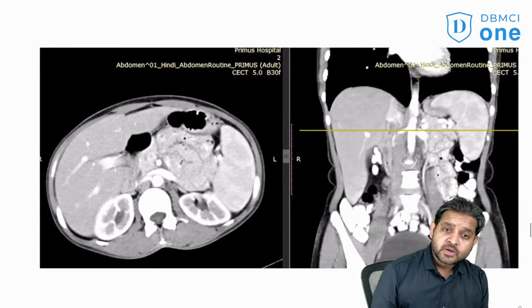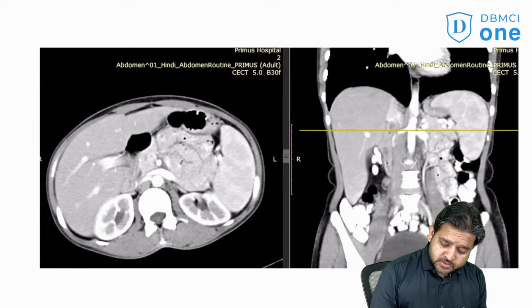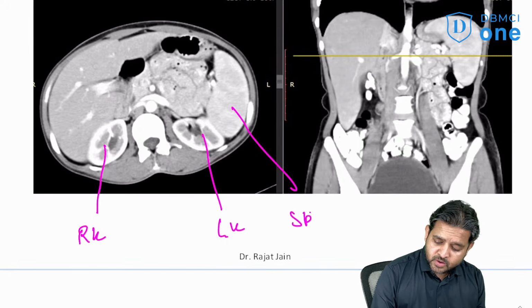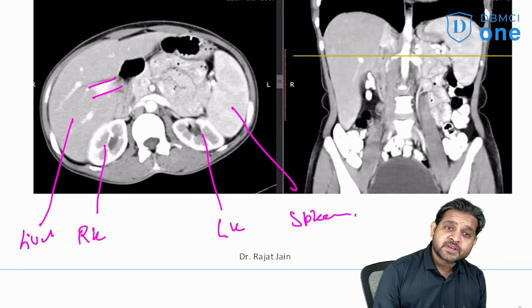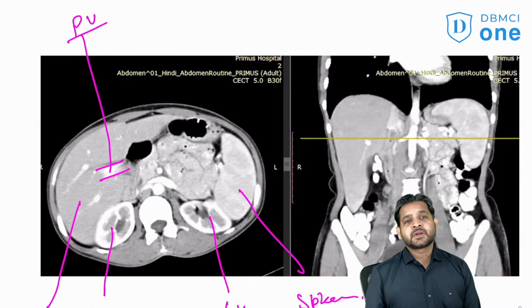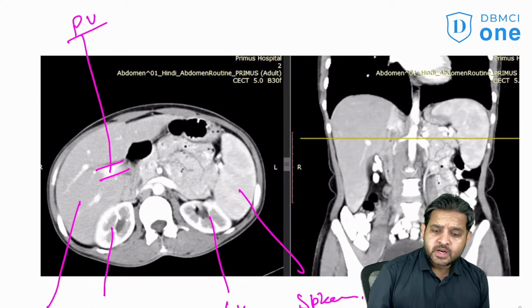If I go further down, see at what level I have come. So now I can see right kidney and left kidney. Spleen will continue to be seen here. This will be liver, but now I can see a large horizontal vessel in the liver, which should represent portal vein.